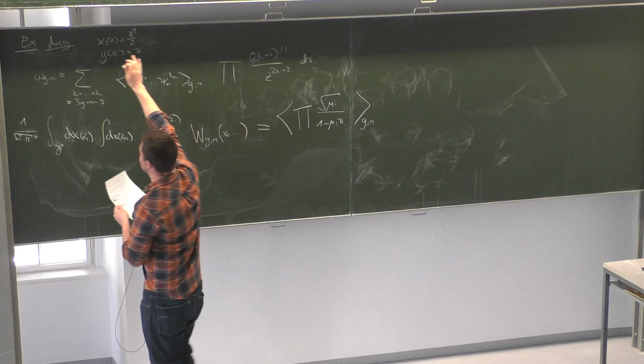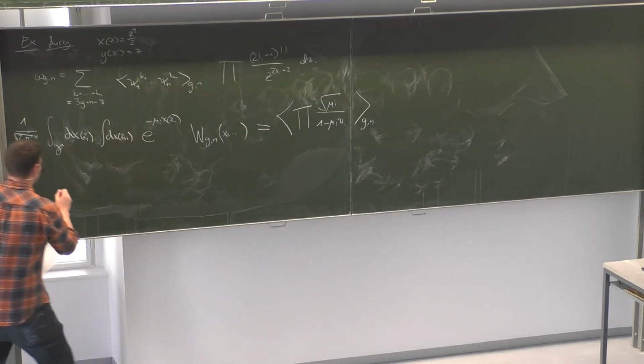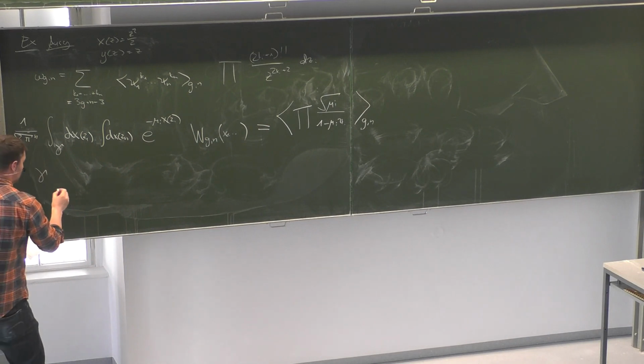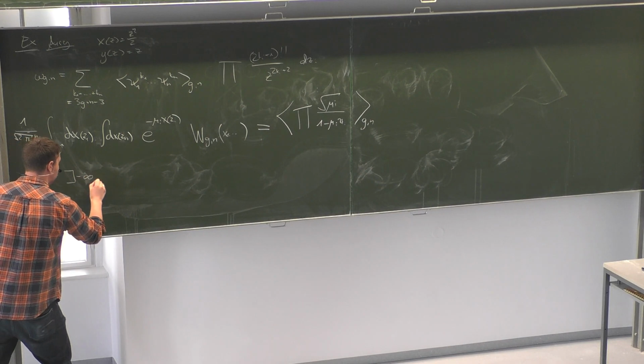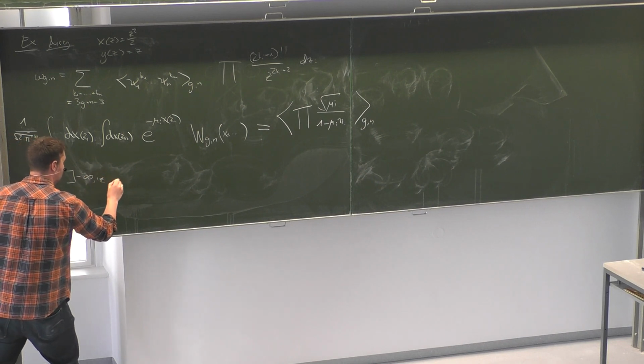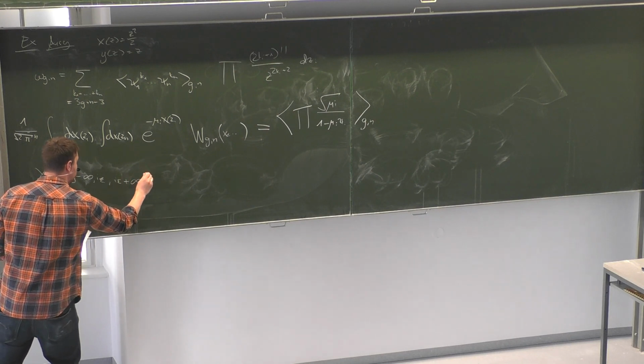We just take the Laplace transform, where this contour gamma goes from minus infinity plus some epsilon i to plus infinity plus epsilon i.